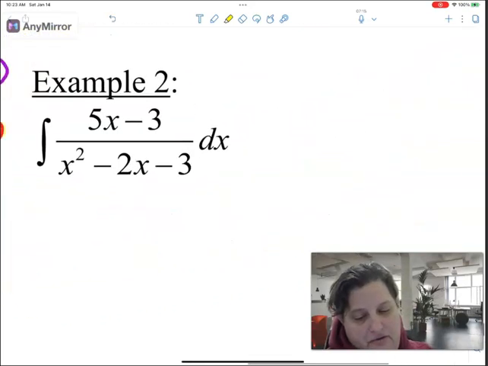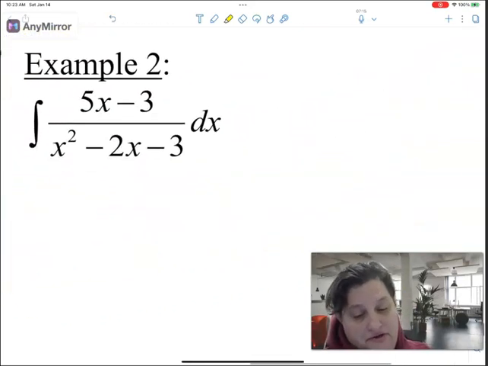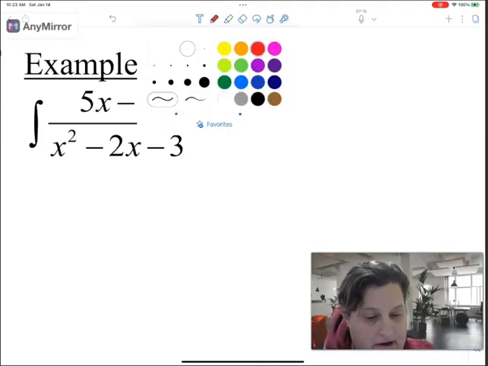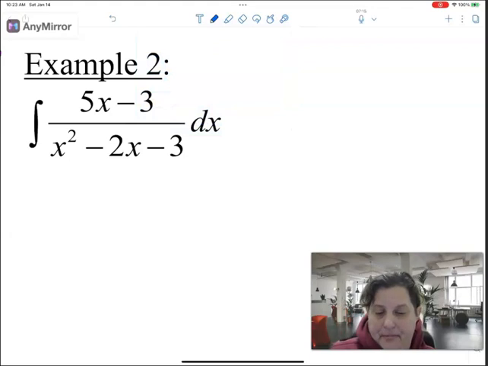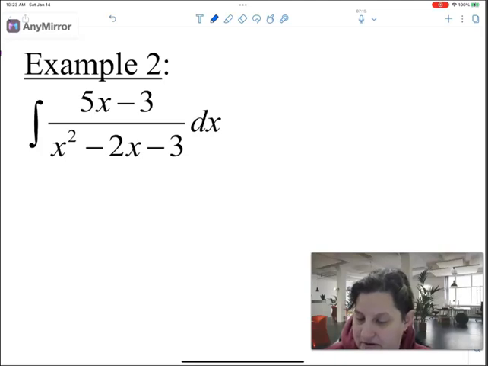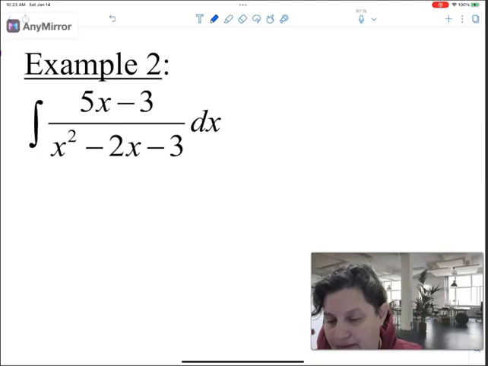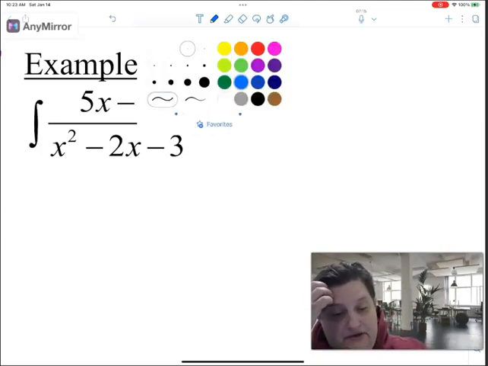So how do we know when we use partial fractions? All right, well, what I can do for this question is I can go like this. Hold on one sec. Okay, I'm going to separate this out.